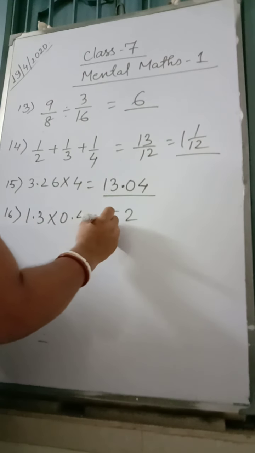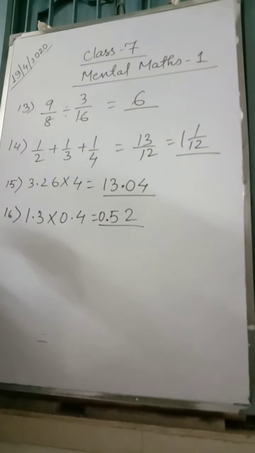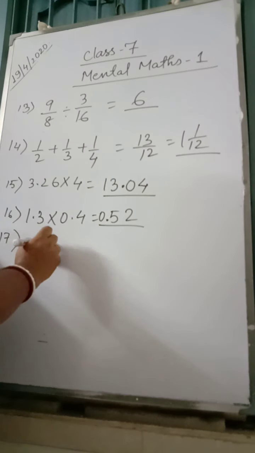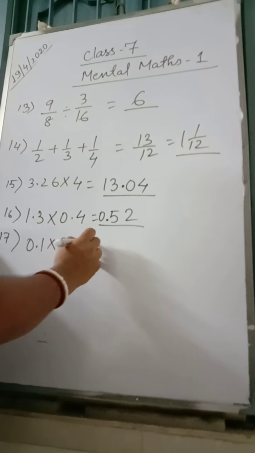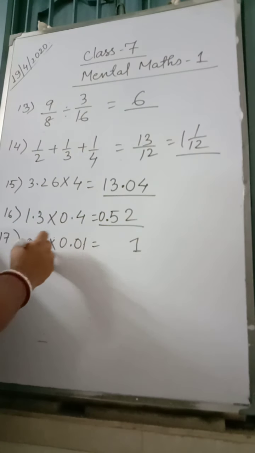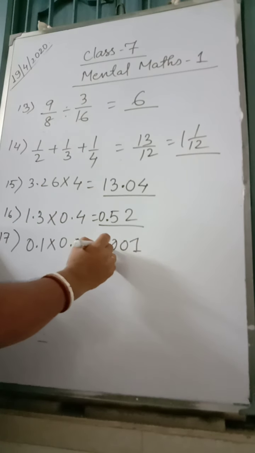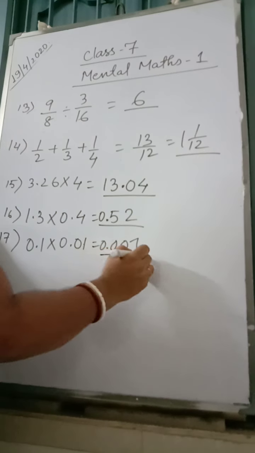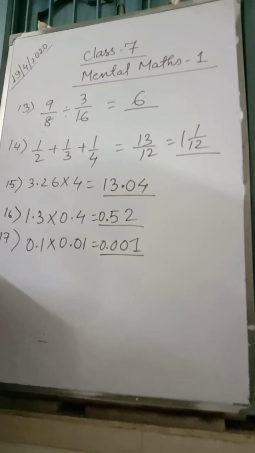So 0.52 is the answer. Number 17: 0.1 into 0.01. The answer is 1. We need 3 digits after the decimal, so we'll place 2 zeros before 1. So this will be 0.001.